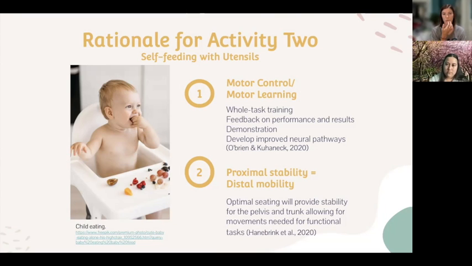And then we also use the idea of proximal stability for distal mobility. We incorporate positioning into this activity and educating the mom on positioning for tabletop activities. And this can help allow for optimal movements needed for functional tasks.